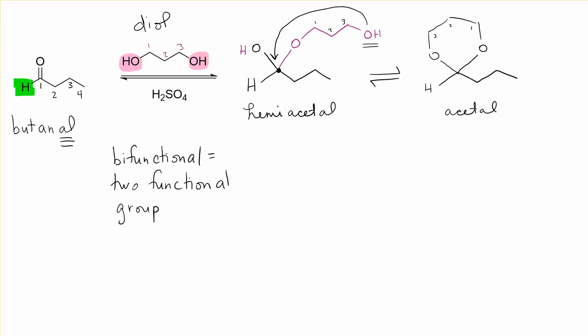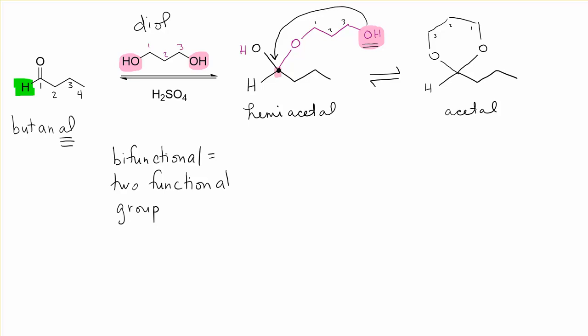The other alcohol to form the acetal is already tethered to it. This alcohol group is tethered. It's bonded into the molecule. And so that's how you form the ring. So that is a cyclic acetal formed from an aldehyde.